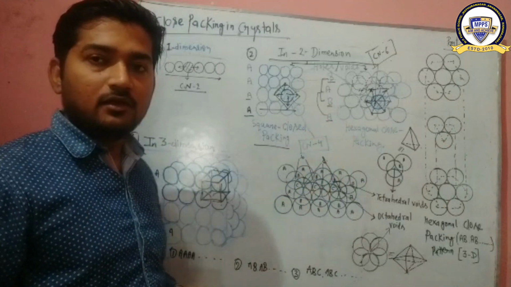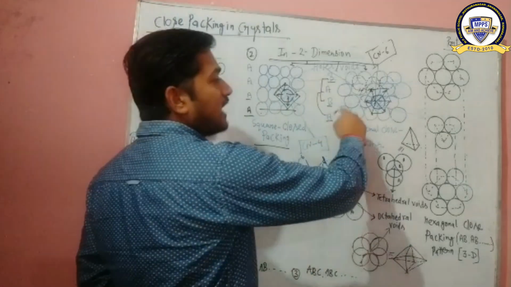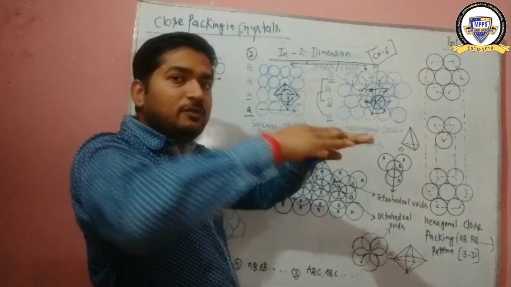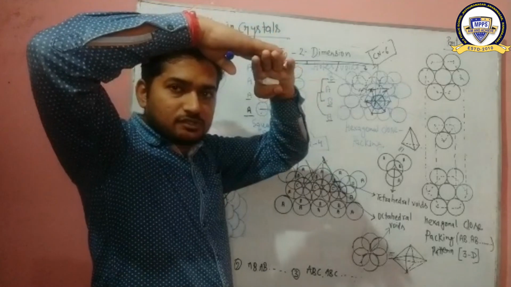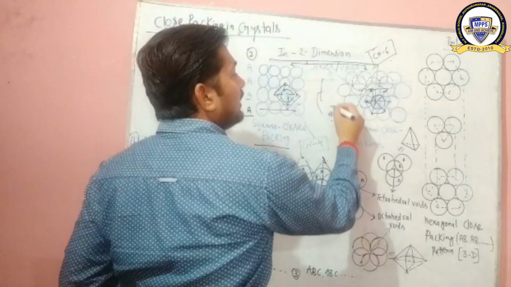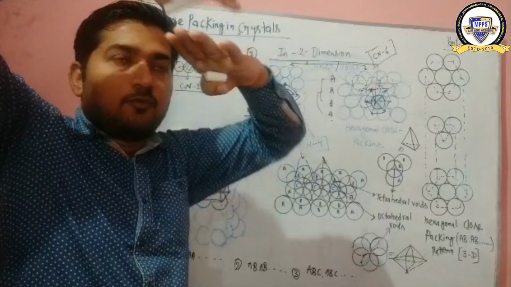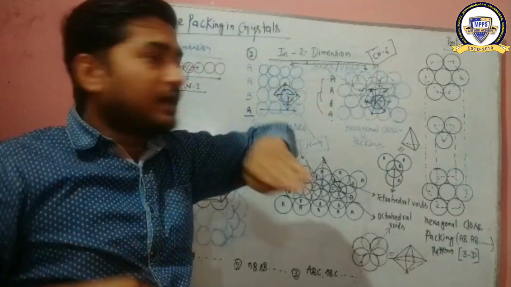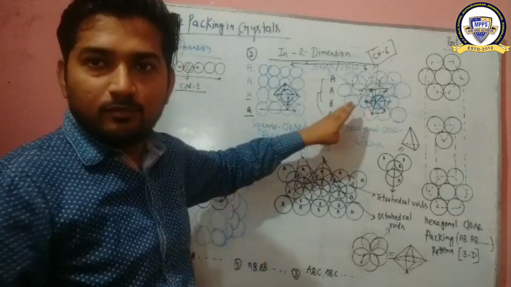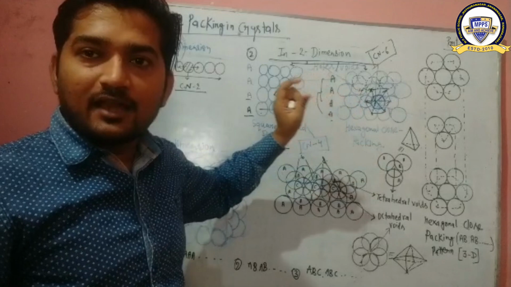So what will happen here, in this case, from 2 dimension, the first layer and the second layer are arranged in a definite pattern, but when we put another layer over the first one, if this one is A layer, and we put another layer on the first layer, if the first layer contains this type of arrangement, that is denoted by blue color. If you look at the blue color, all the blue color balls are A arrangement.